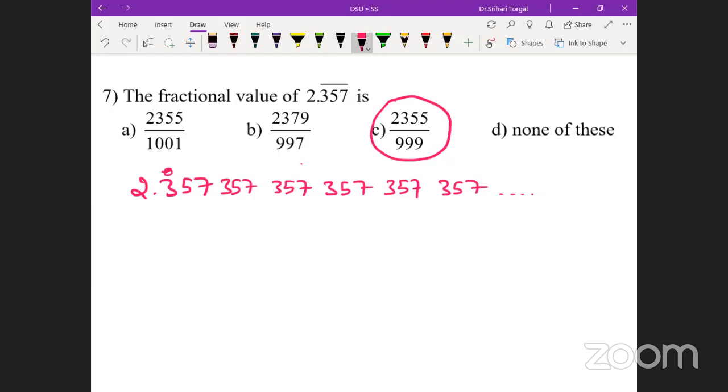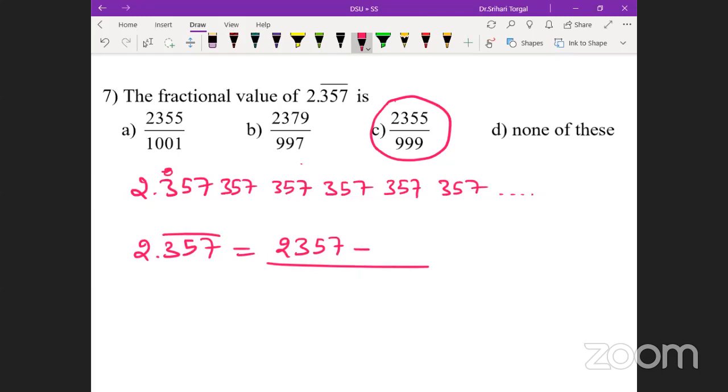For this kind of problems, you just note down, I'll tell you one technique. Just write down all the four numbers directly, 2, 3, 5, 7. Don't worry about that bar and dot. Just write down all the digits directly.